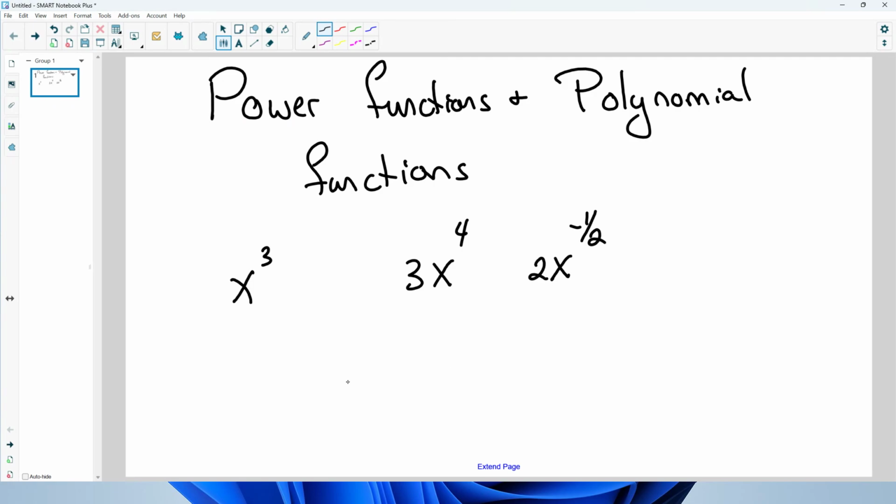What is not is when I have a number raised to a variable. We're going to deal with this in the next couple of chapters, but this is basically our exponential functions, and we're going to deal with logs and stuff like that.